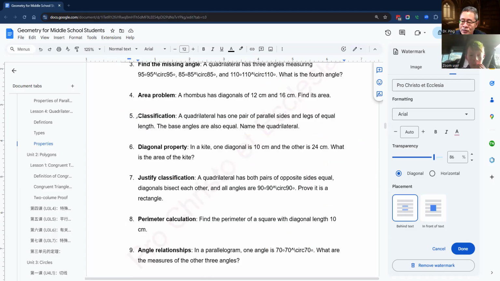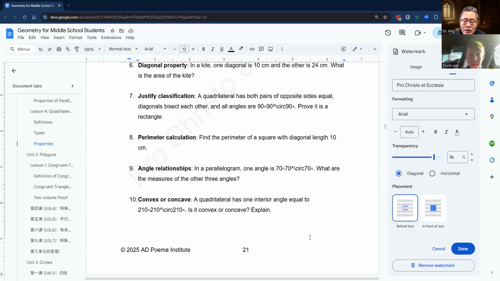Let's move on to number 7. A quadrilateral has both pairs of opposite sides equal, diagonals bisect each other, and all angles are 90 degrees. So that means both pairs: this and this side are the same, and the other side is the same.